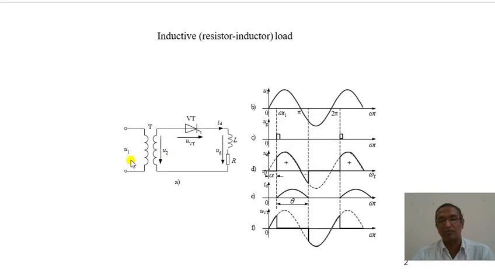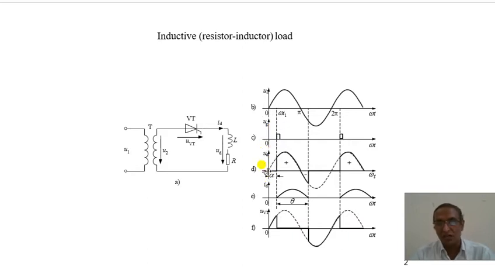When it is stepped down at the secondary of the transformer, our input voltage is Vm sin omega t, which is applied to this thyristor. During the positive half cycle of the input, the thyristor is forward biased, but it will not conduct.